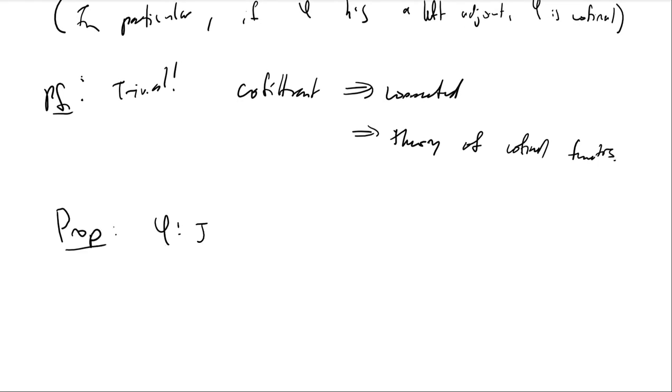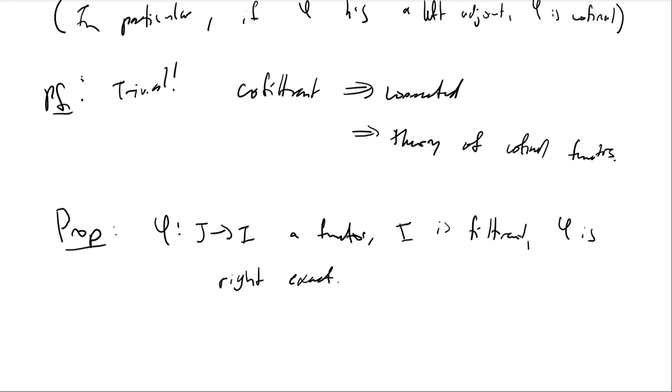Again, we have phi from J to I of some functor. This time I is filtrant, and phi is right exact. Then J is also filtrant.